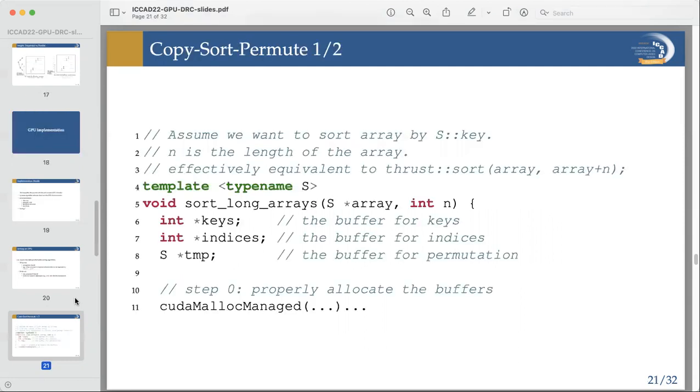Say here we want to sort an array of struct S, and we will sort these structs according to the key field. And here n is the length of the array. Here we provide another way we call copy, sort, and permute to sort these structures. The idea is straightforward.